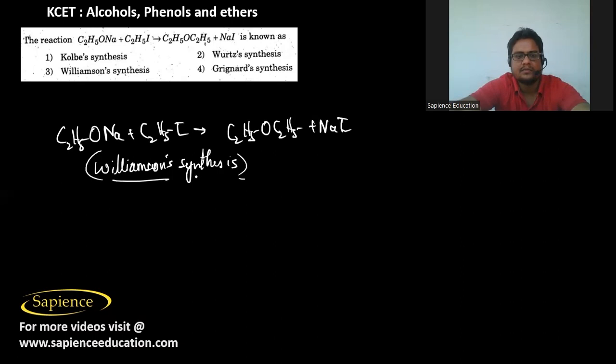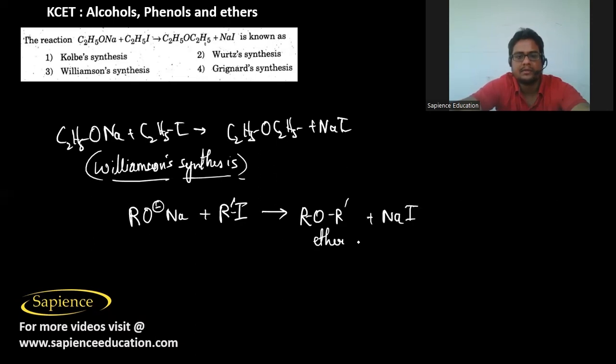In Williamson's synthesis, the sodium salt of an alcohol, or sodium alkoxide, RONa, reacts with R'I, an alkyl iodide, to form ROR', which is an ether, and NaI, sodium iodide.